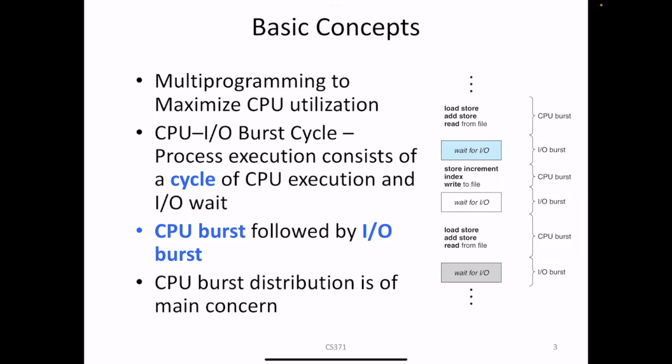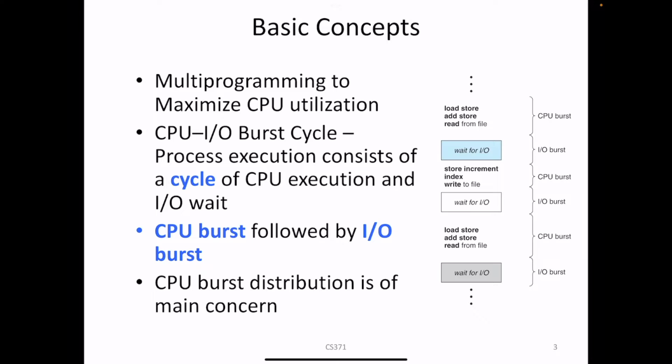Do you remember when we talked about multi-programming in Chapter 1? In order to maximize the CPU utilization, the main idea is that when one process is doing the I/O, we will do the scheduling. So we will record the status of the current process and move the current process out of the CPU.